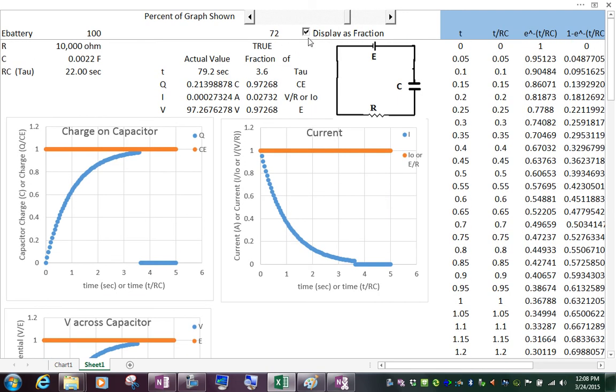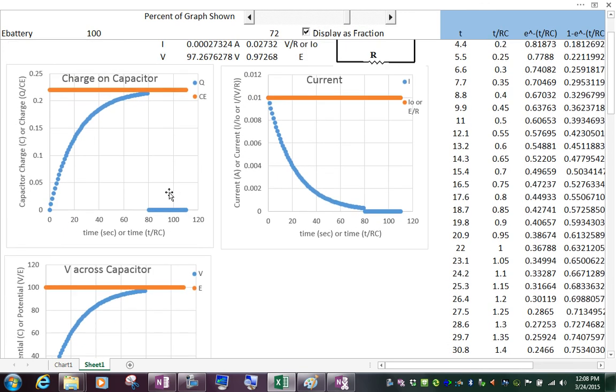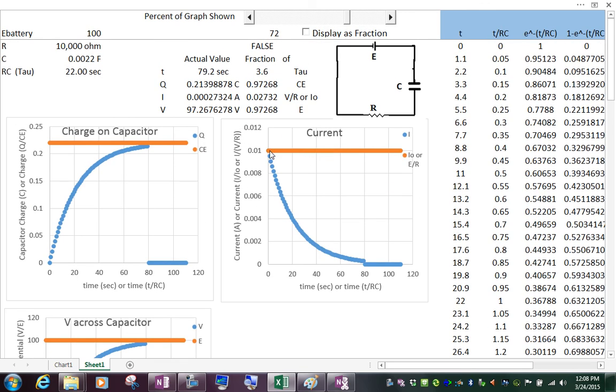At least they would be if I show you the actual numbers and not just a fraction. And the current initially is very high. It's the same as if there was no resistor. It was the same as if there was no capacitor at all, and then it drops off to 0. It's an exponential decay. And that's what we get there.